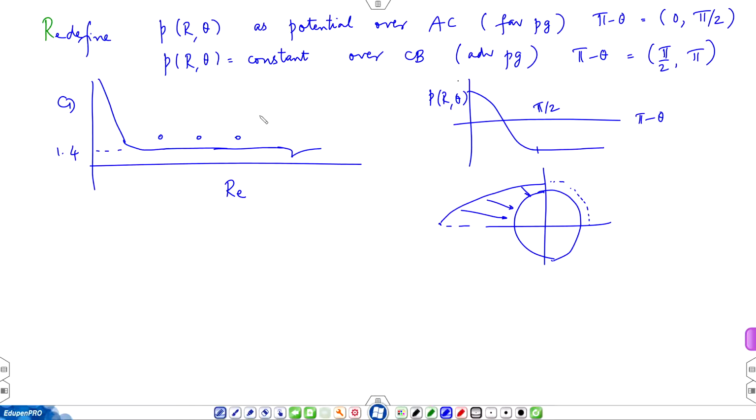But potential theory gives you 0, which is absurd. But if you make this correction, you get a result that is sort of similar to the experimental value, not very close to it. The reason it's not very close to it is this variation here is not strictly constant.